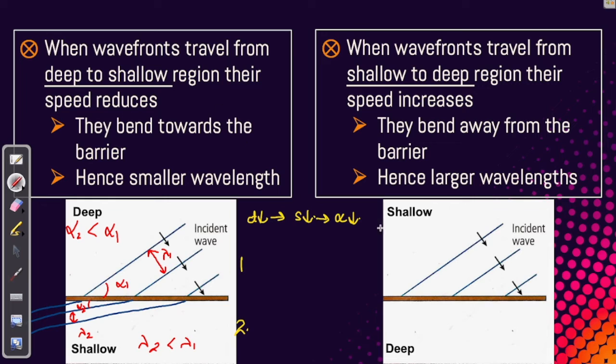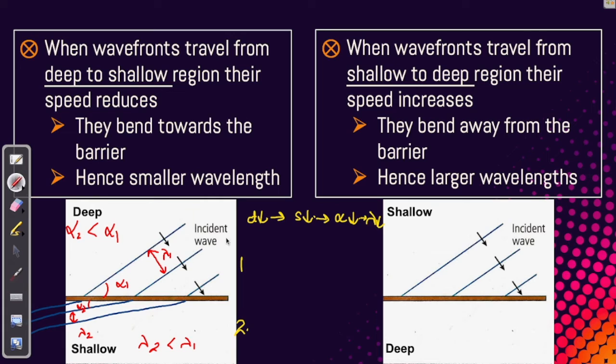The wavelength is also going down. Everything is going down. The depth is going down. Whenever you see that the depth goes down, you should understand that the speed is going down. As a result, the wavefronts will travel closer to the barrier. The angle goes down and the wavelength goes down.